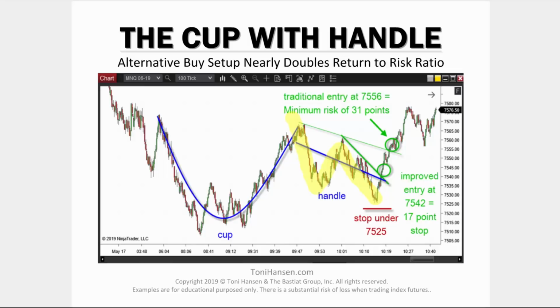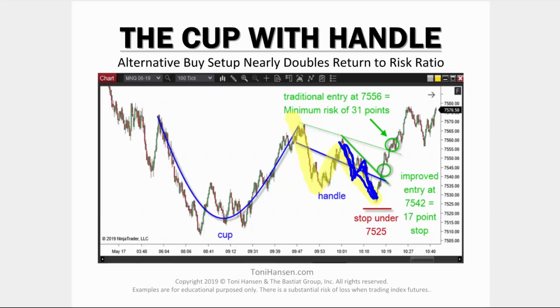That's what I want to look for when I'm looking for the handle with a cup with handle. And within that, you will often find that the market loves to work in waves of 2. So in this handle, the second part of this handle, there's actually 2 more smaller corrective moves.